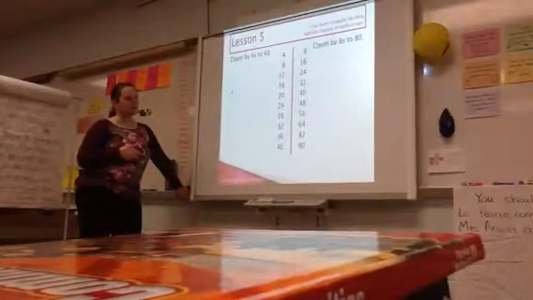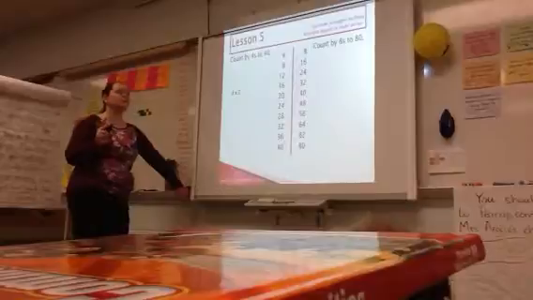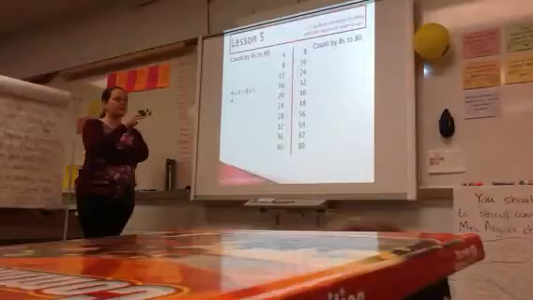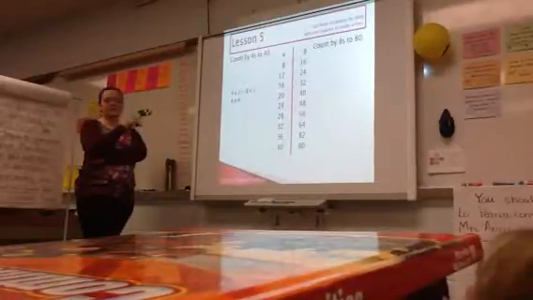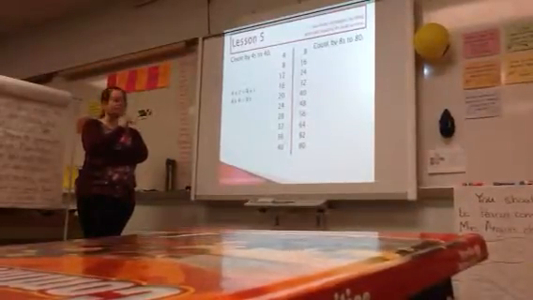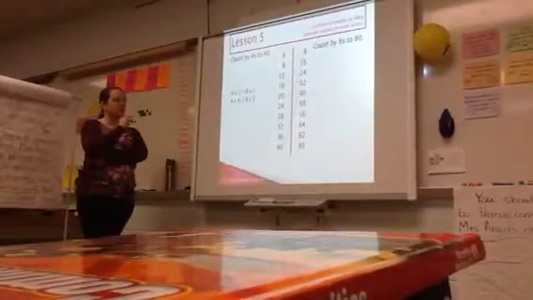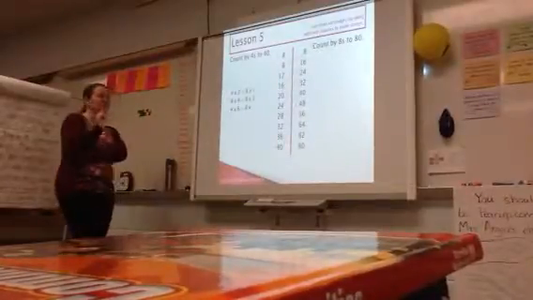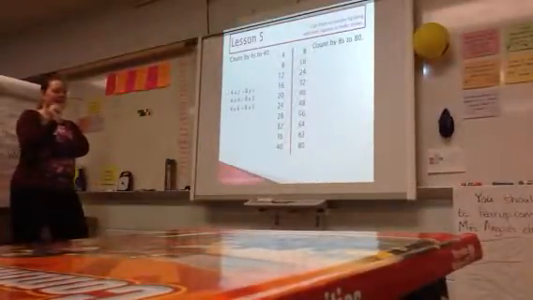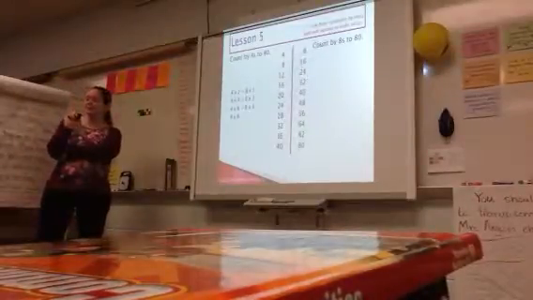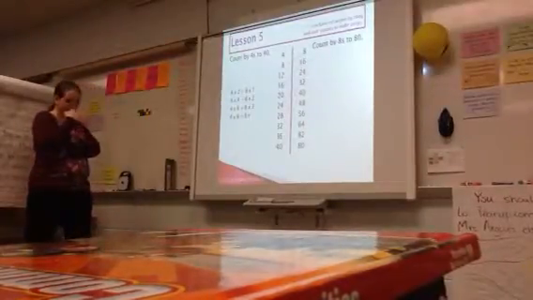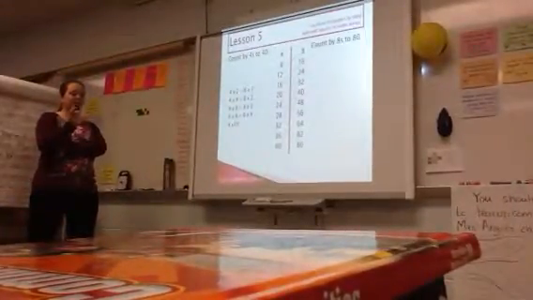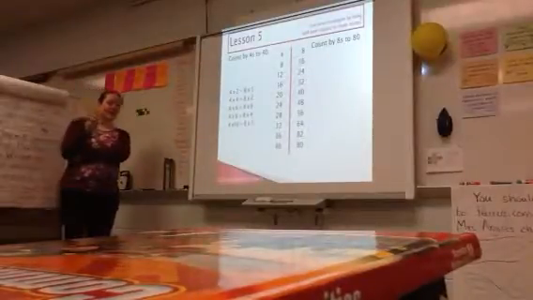So if we watch this, 4 times 2 is the same as 8 times 1. 4 times 4 is the same as 8 times 2. 4 times 6 is the same as 8 times 3. 4 times 8 is going to be the same as 8 times 4. 4 times 10 is 8 times 5.